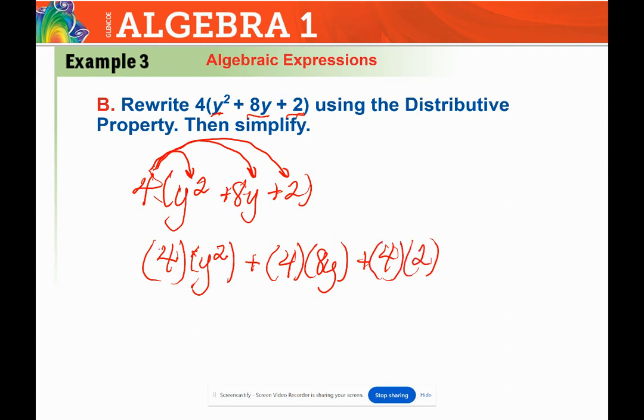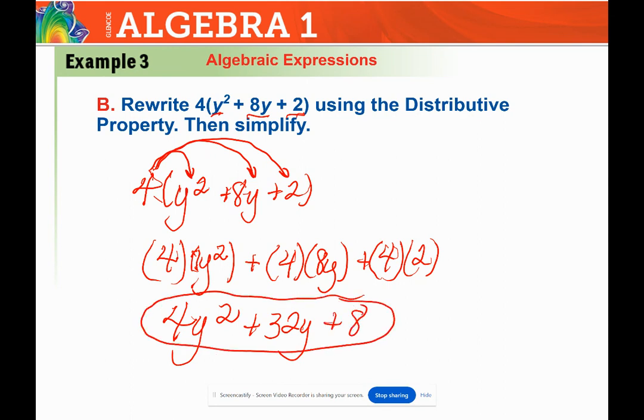Then we can multiply. 4 times y is like 4 times 1, and then the y squared is there, so it'd be 4y squared. 4 times 8 is 32, so it'd be 32y. And 4 times 2 is 8. So signs aren't changing there because I'm distributing a positive.